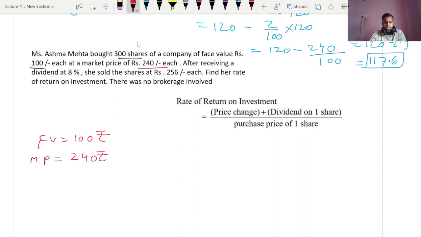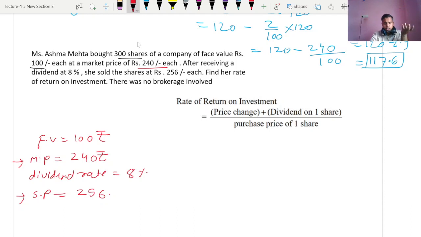After receiving a dividend at 8%, so dividend rate is given 8%. She sold the shares at 256 rupees each. Selling price is given 256 rupees. So this is purchase price and this is selling price. Find her rate of return on investment. There was no brokerage involved.